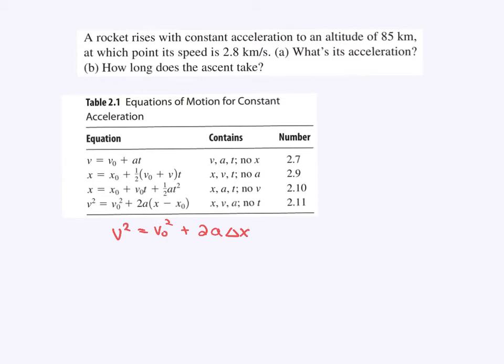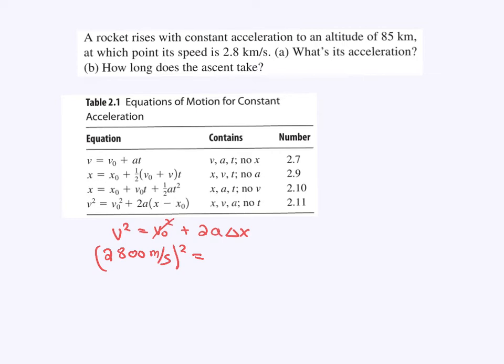That's the displacement. And in this problem, we're given the final velocity of 2.8, and I'm going to write everything in SI units. So I'm going to write this as 2,800 meters per second quantity squared is equal to the initial velocity squared. Well, we assume that the rocket started off at rest on the launch pad, so we can ignore this term.